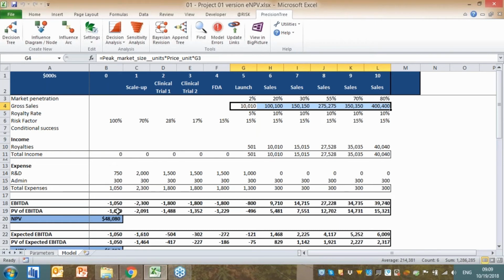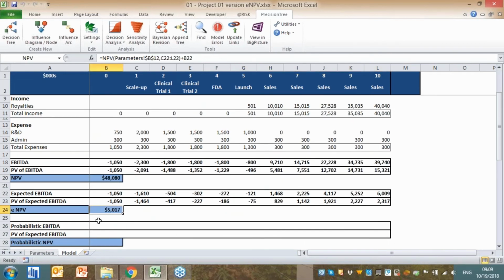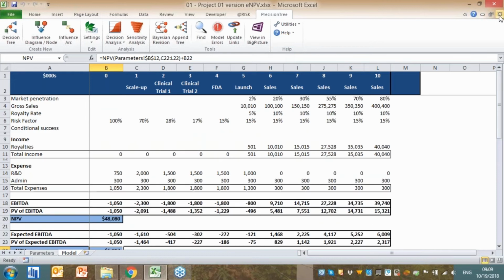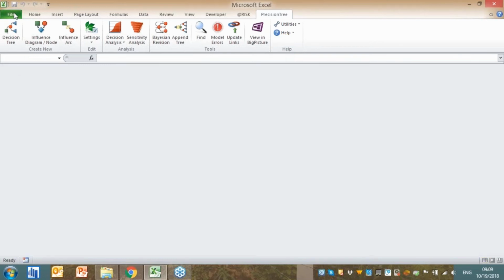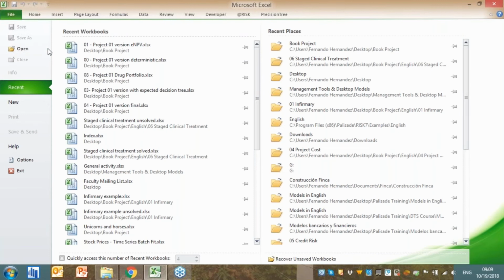So how do we do this? Well, we go and work a different representation of risk. So remember this amount of money, expected NPV of approximately $5 million. That is going to be our reference point. Let me just add another representation of what we've had so far.